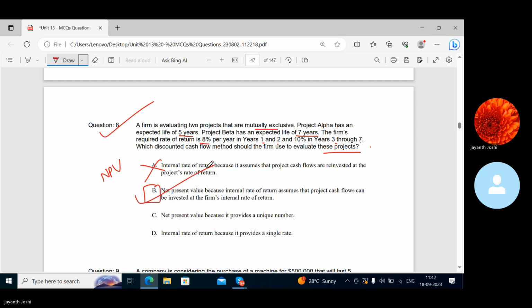NPV assumes reinvestment at the required rate of return, and IRR assumes reinvestment at IRR.